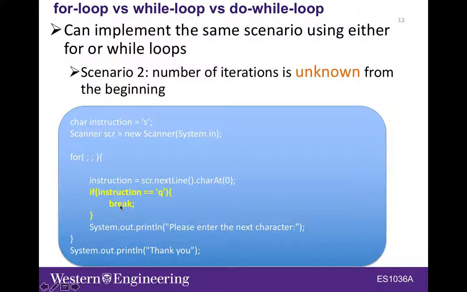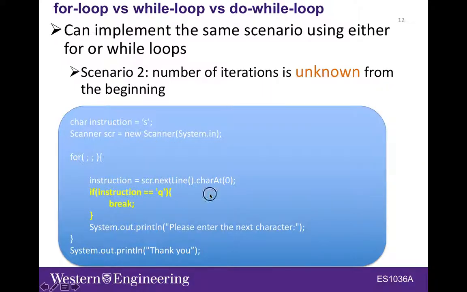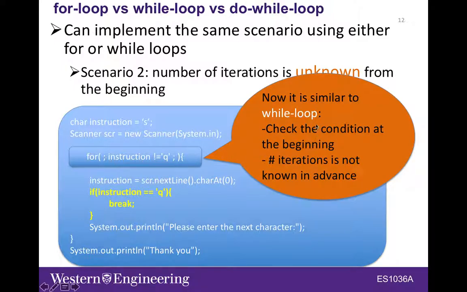So I did that myself. This would be exactly the same as do while. This one will be executed once, and if the condition is satisfied after you input, I will break. So this is similar to do while. If I put this instruction, not equal to q, here, this drives me to a while loop. That's why I said if I'm using the for loop to get the same function as do while or while, I have to do some modification myself.